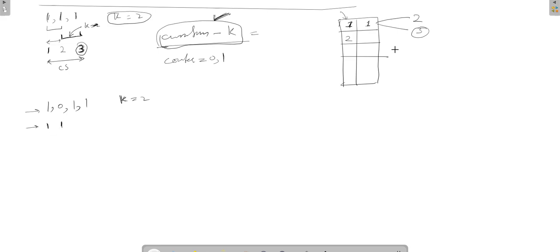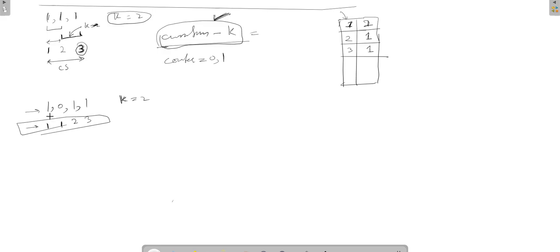Because of that, in the map the frequency at first would be 1, but then it will go to 2, right? And when we get to this part, it's going to be 2 and then 3. So we have cumulative sum 2 with frequency 1 and cumulative sum 3 with frequency 1, and you can see the same thing from the diagram as well, right? So 1 is occurring twice, that's why the frequency is 2.